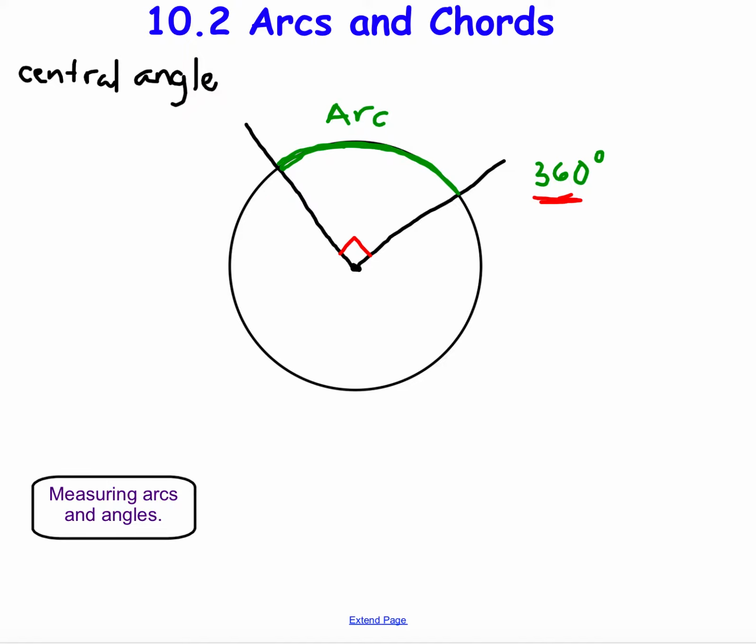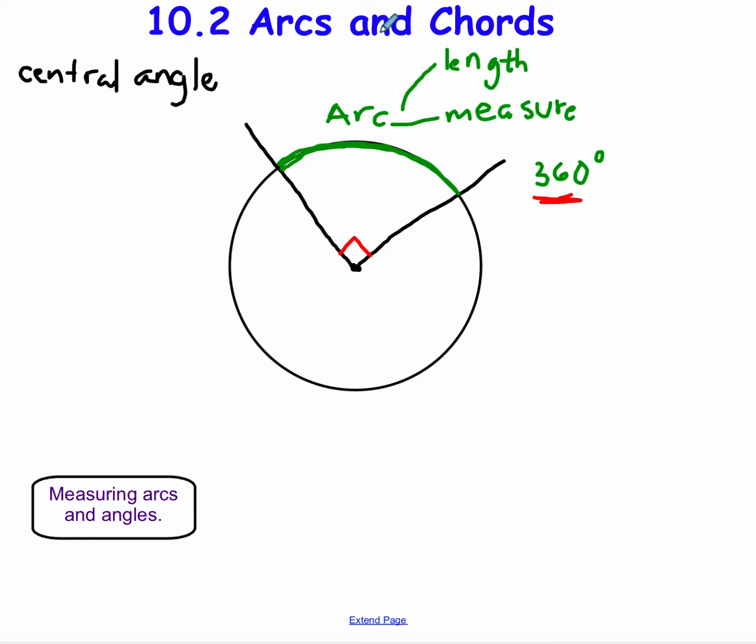And we refer to arcs. Arcs have both a length, an actual length, and they have a measure. They have both. And we talk about the measure of the arc. And the measure of an arc is the same as the measure of this angle.